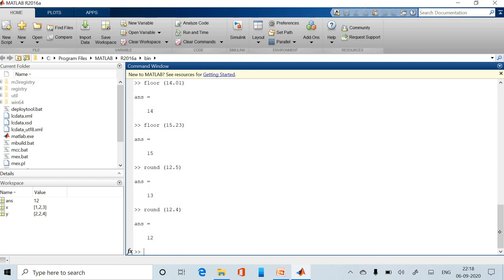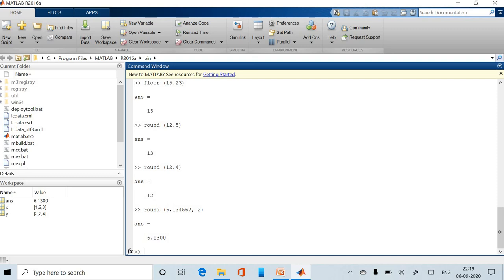Now it is 12. Okay. Now suppose you want to round the decimal to 2 places. So round, suppose take the number as 6.13456 something. Okay, comma, just type to how many places you want to round it to. Suppose you want to round it to 2 places. Just type 2. Okay, so we are getting 6.13.